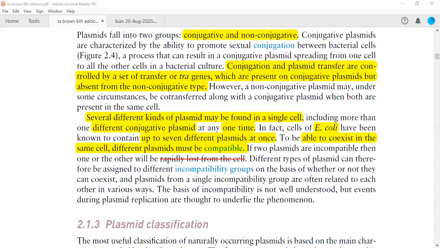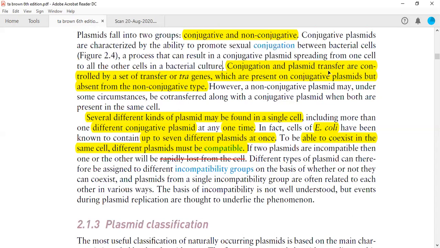Conjugative plasmids are characterized by the ability to promote this sexual conjugation between bacterial cells, a process that can result in a conjugative plasmid spreading from one cell to all of the other cells in the bacterial culture. So it can happen in a bacterial culture. All cells which are recipient or negative in nature may become donor at the end when you grow the culture.